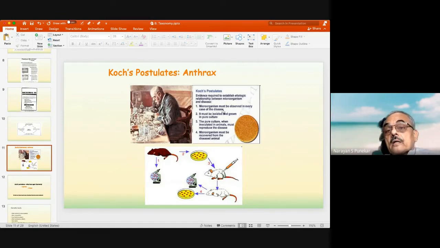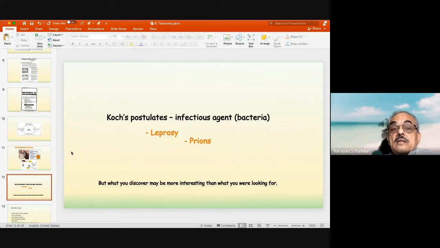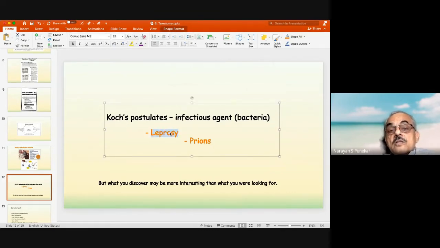Of course, look at isolating in pure culture. Now, this was done at the time by Robert Koch when organisms were actually grown in culture. Okay, even today we grow them in culture. But as time progresses, you start seeing exceptions, right? For Koch's postulates, the infectious agents at the time were bacteria, but we are not able to actually culture the leprosy bacterium, Mycobacterium leprae, in culture.